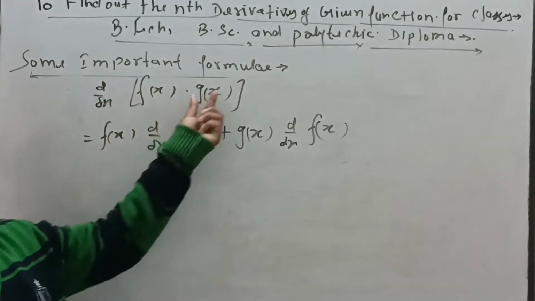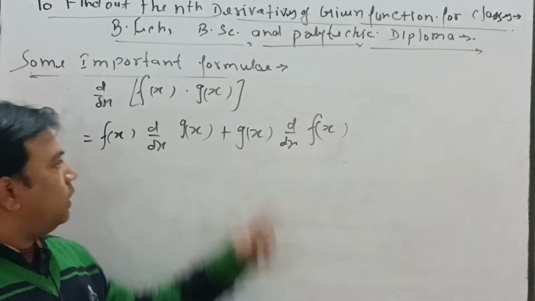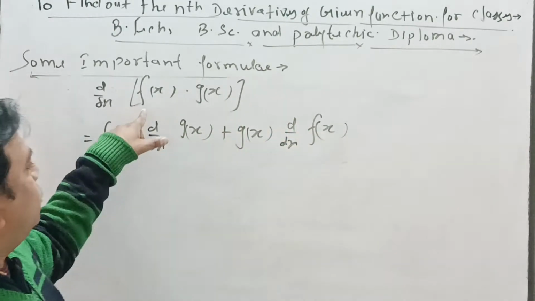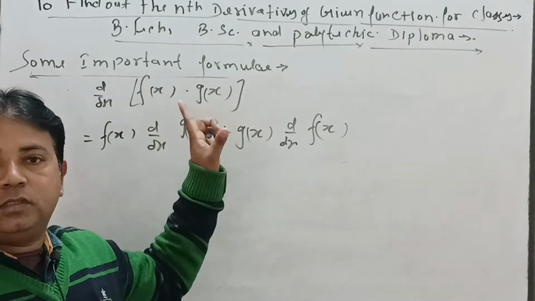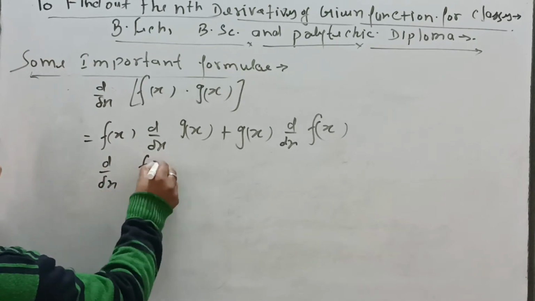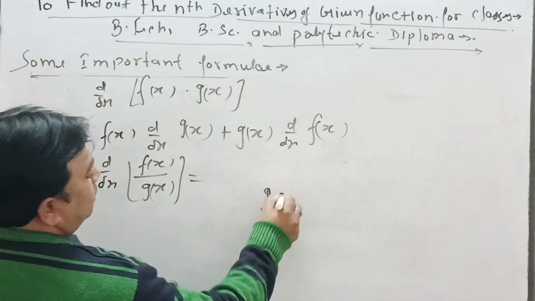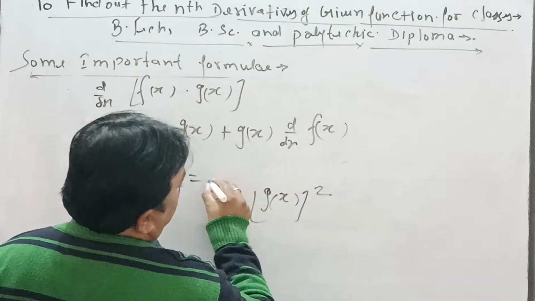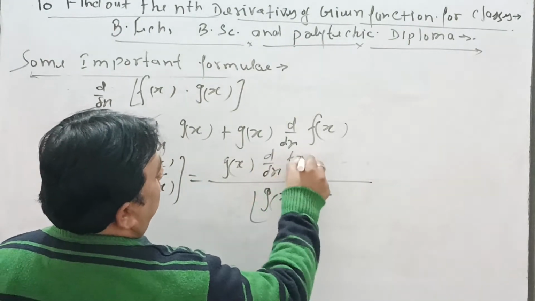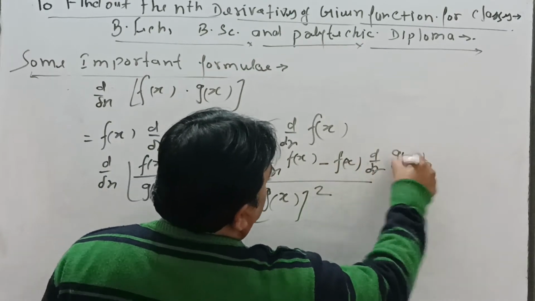First function times the derivative of the second function, plus the second function times the derivative of the first function. It is your choice which one you take as f(x) and g(x). For division of two functions, d over dx of f(x) divided by g(x) equals g(x) times d over dx f(x) minus f(x) times d over dx g(x), all divided by g(x) whole square. Both functions are variables, not constants.